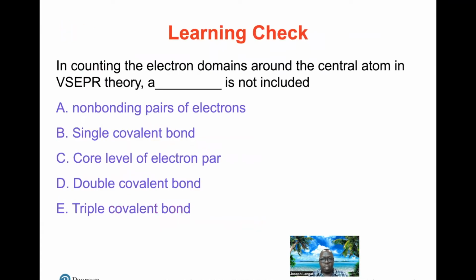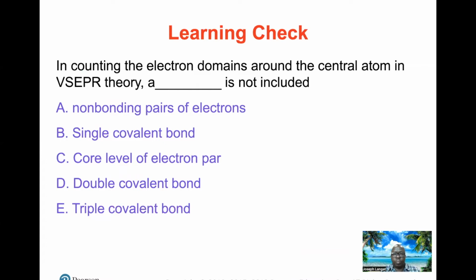Here is a good learning check to see if you have mastered the concept of the valence shell electron pair repulsion model. In counting the electron domain geometry around the central atom in the VSEPR model, which is not included?